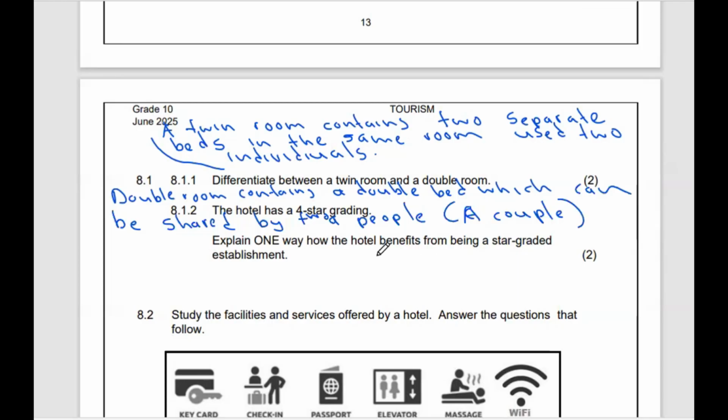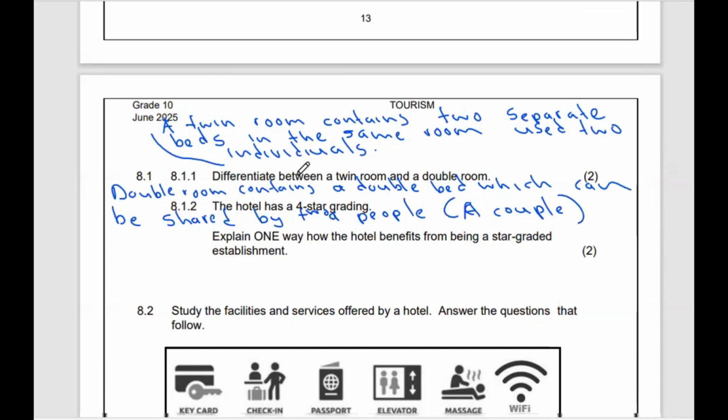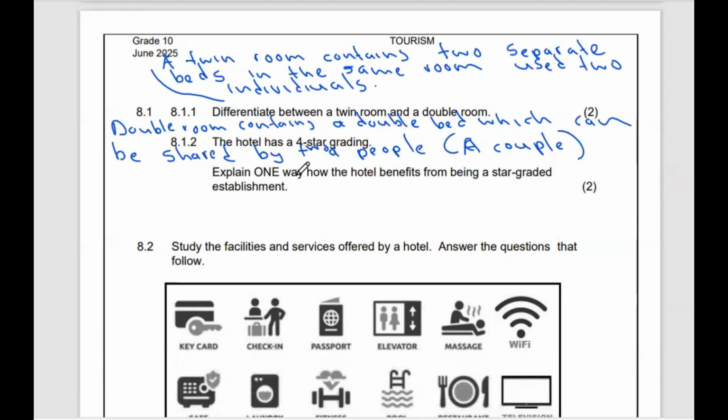Then 8.1.2, the hotel has a 4-star grading. Explain one way in which the hotel benefits from being a star graded establishment.